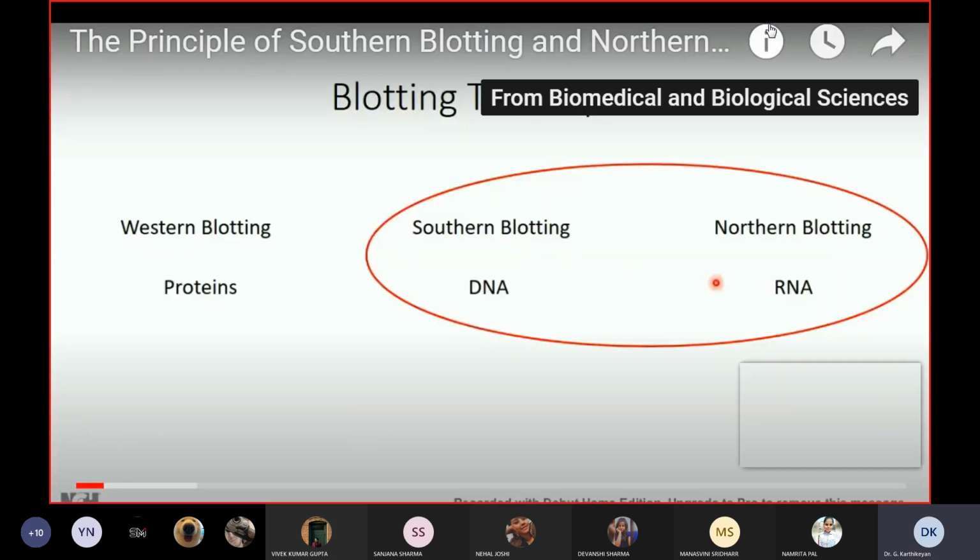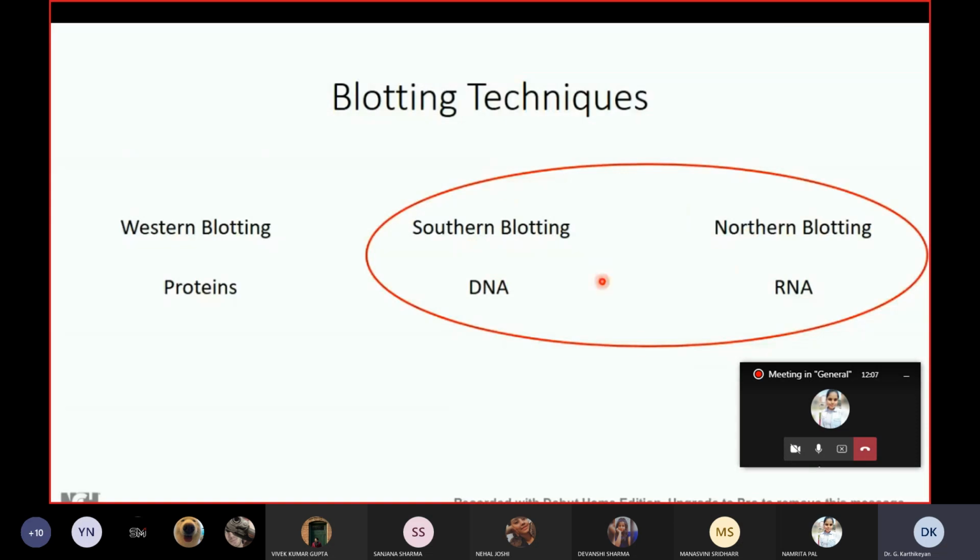Why? Because the principle of these two is very, very similar. So basically they are the same technique, but with some differences, because this one is used for DNA and this one is used for RNA.